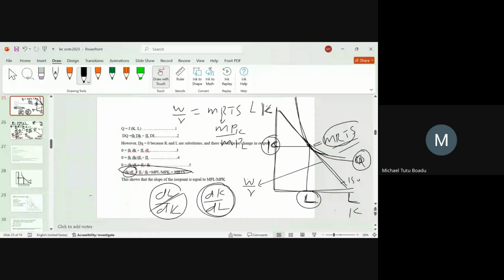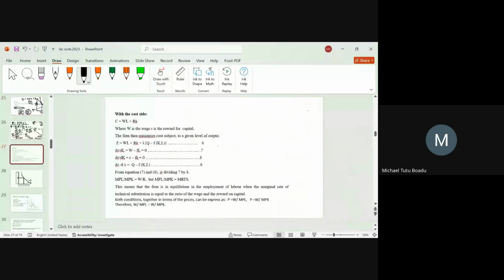That alone does not help us to determine the equilibrium condition. For us to determine the equilibrium, we also need to know the cost, so that we can minimize this cost subject to our constraint, what we call our budget, our production function.